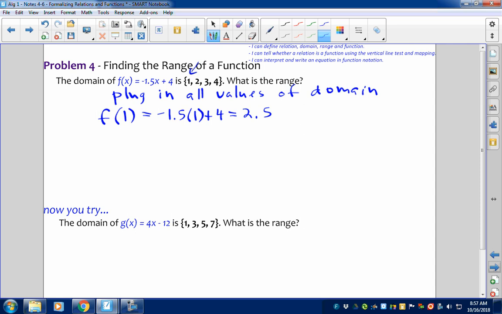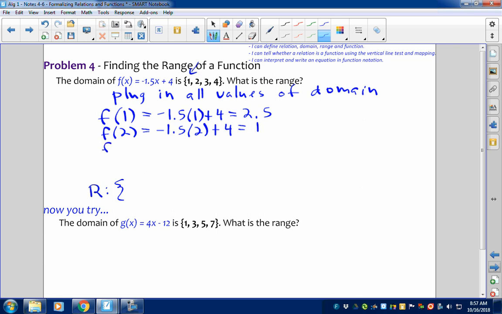So if I were listing the range out down here at the bottom, my first number would be 2.5. I might wait to list it out because I want to list it in order from smallest to biggest. But I would put a 2.5 somewhere in this list. F of 2 is equal to -1.5 times 2 plus 4. So that's -3 plus 4 is 1.